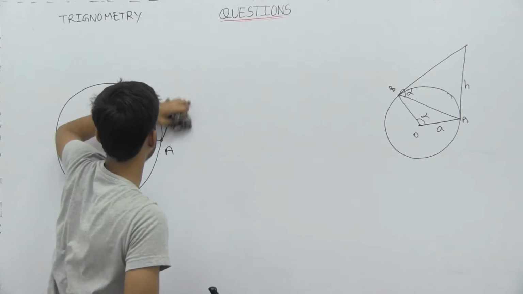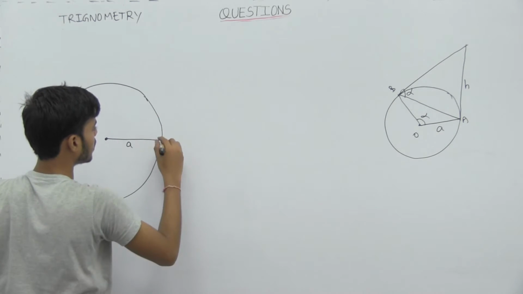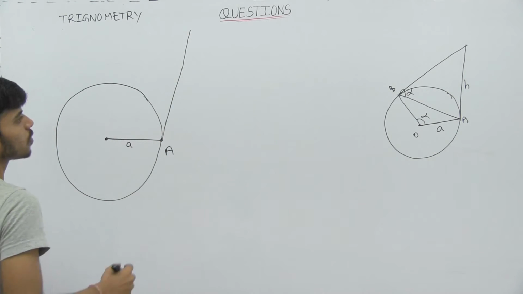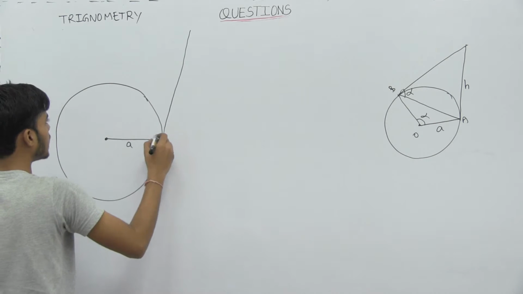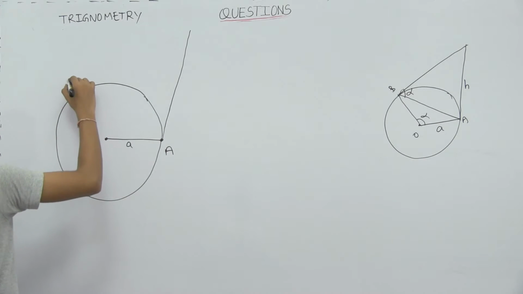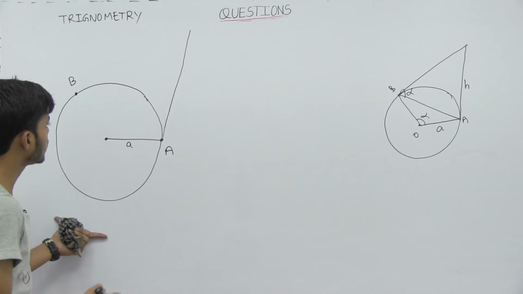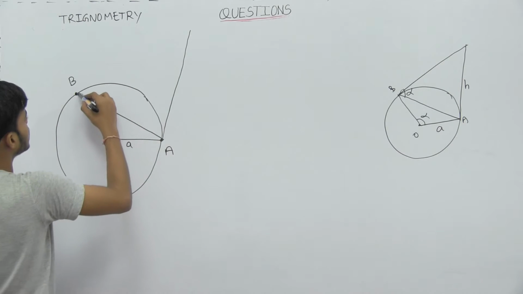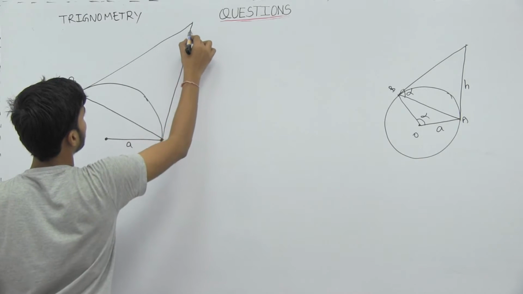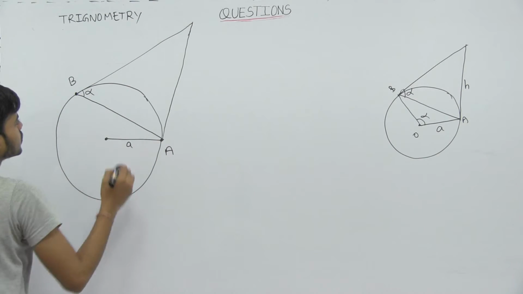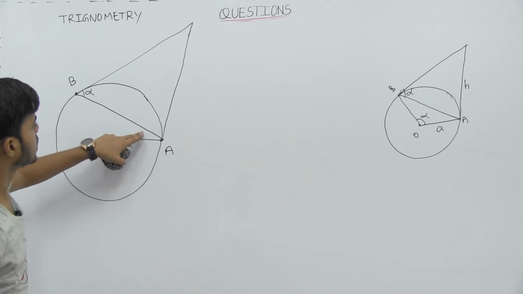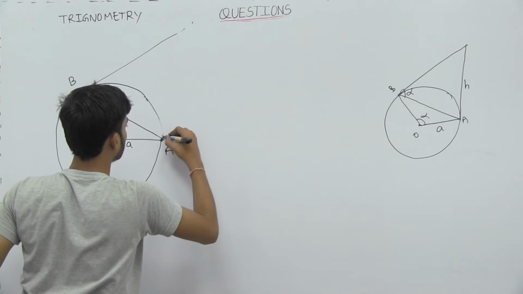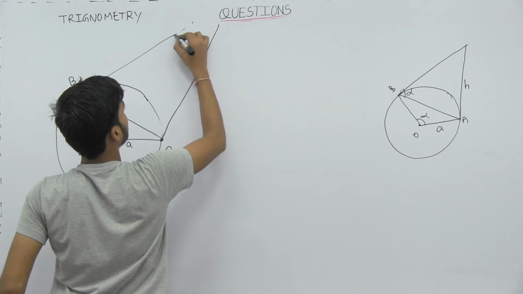Now we know if this is a vertical tower, it would be perpendicular, and this tower at another point B, which is also on the boundary of this park, this tower subtends an angle alpha. This tower subtends an angle alpha on the other boundary of the park.